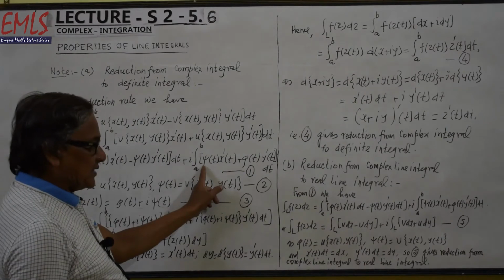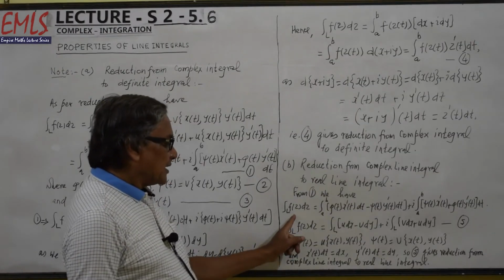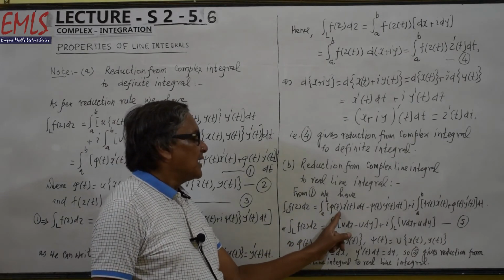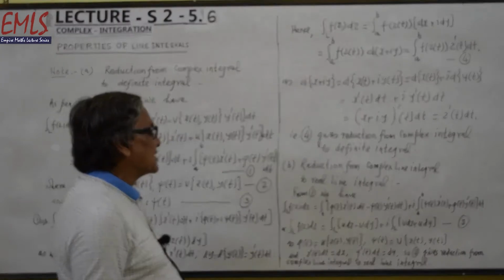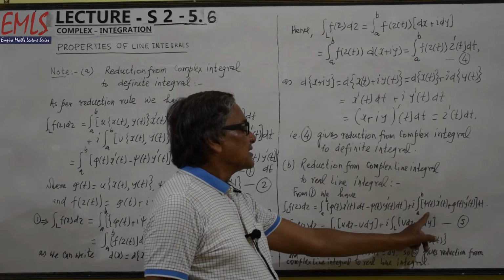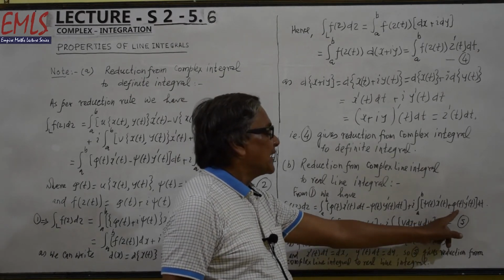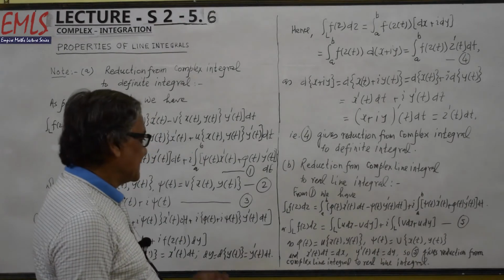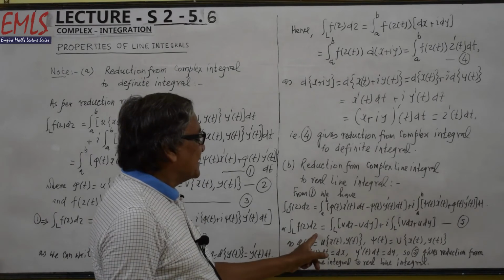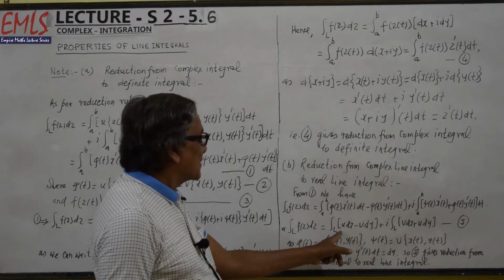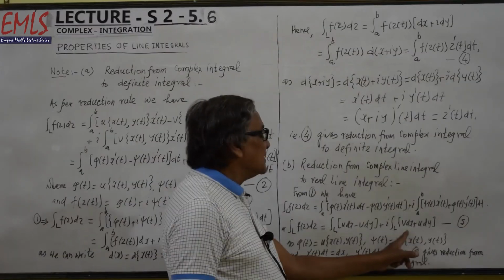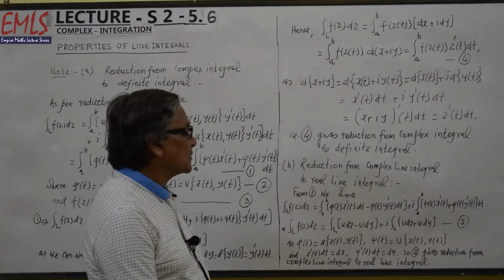From this equation, integral over L f(z) dz equal to integral a to b [phi(t) x'(t) minus psi(t) y'(t)] dt plus i times integral a to b [psi(t) x'(t) plus phi(t) y'(t)] dt, as we have written here, or integral over L f(z) dz will be equal to integral over L (u dx minus v dy) plus i times integral over L (v dx plus u dy). So this is point number 5.